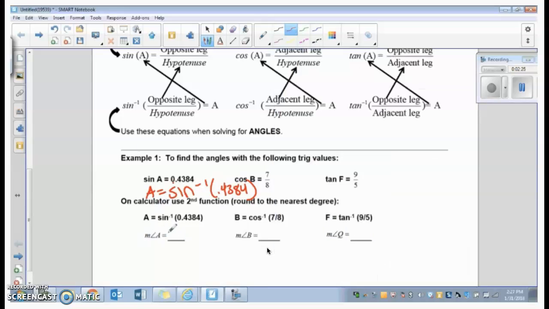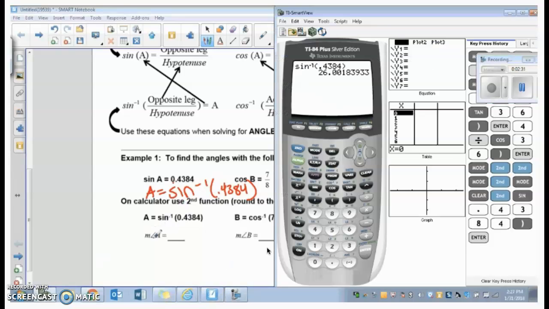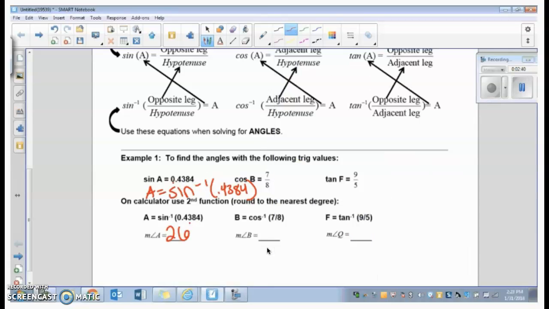And we got a number that's very, very close to 26. So that tells us it's probably just 26 degrees, because the 0.4384 was rounded, and so we weren't able to ever get the exact number.